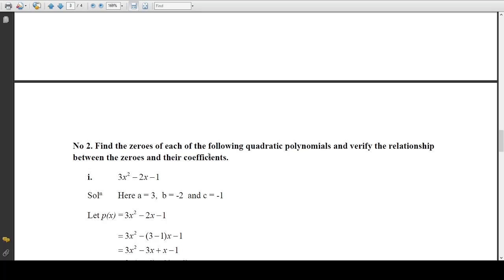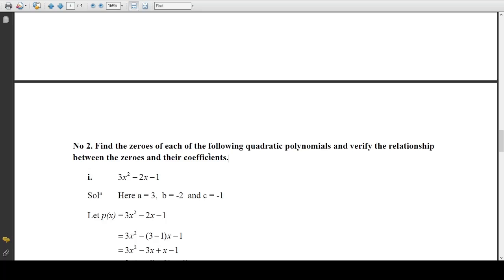If alpha and beta are the zeros of a polynomial, then the sum of zeros, alpha plus beta, equals minus b by a, that is minus coefficient of x by coefficient of x square, and the product of zeros, alpha beta, equals c by a. That is the relationship between the zeros and the coefficients.